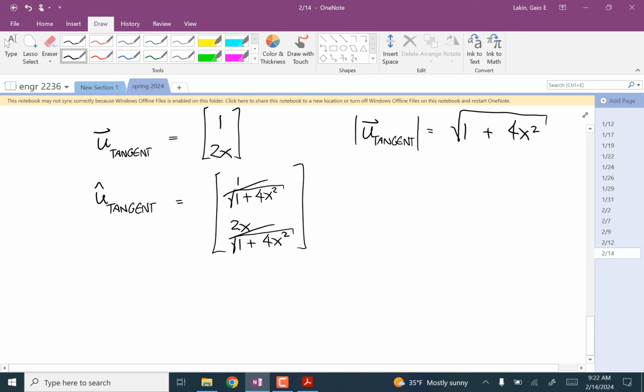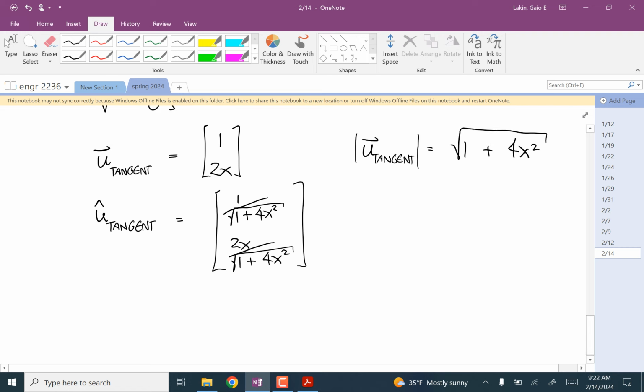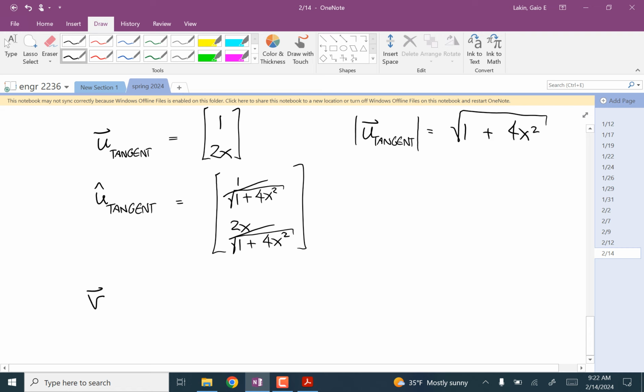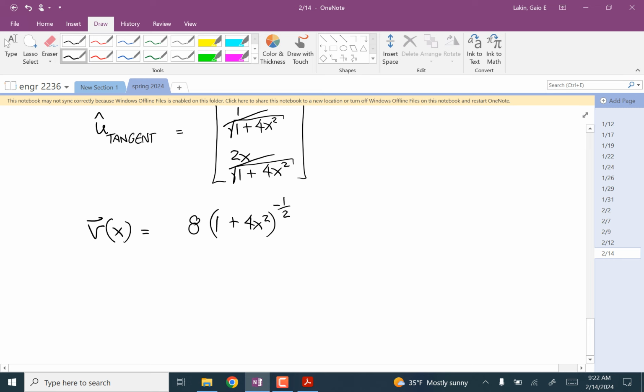And now, since that has a length of 1, the velocity vector as a function of x is equal to both of these times 8. So I'll write this as 8 times (1 plus 4x squared) to the negative 1/2. And the y component is 16x times (1 plus 4x squared) to the negative 1/2.